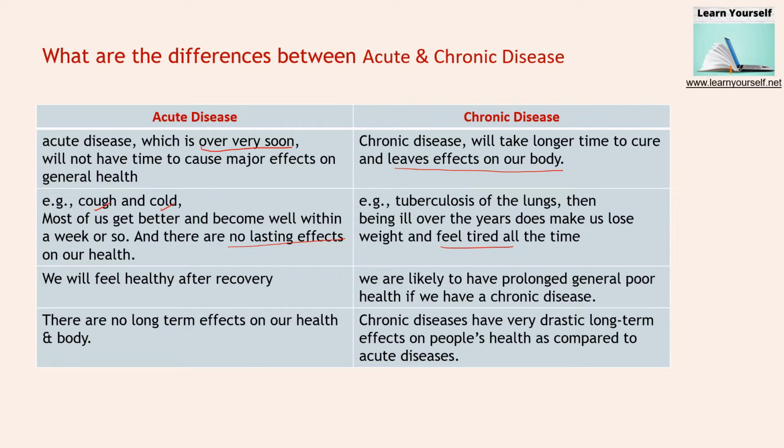So two basic differences: acute disease we get cured within a short period of time, and that's why it will not leave any effect on our body. Whereas chronic disease will be there in our body for a longer period of time, and that's why it will leave some prolonged effect on our body.